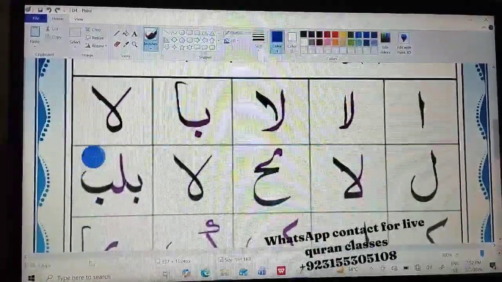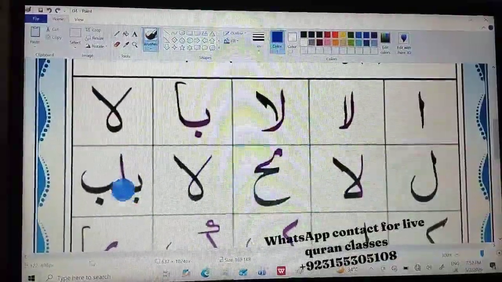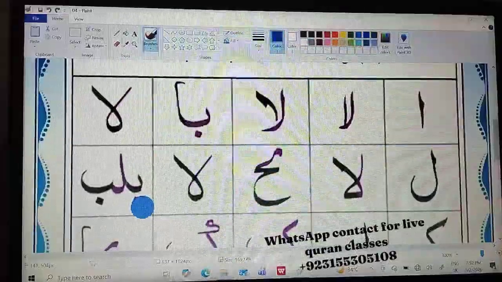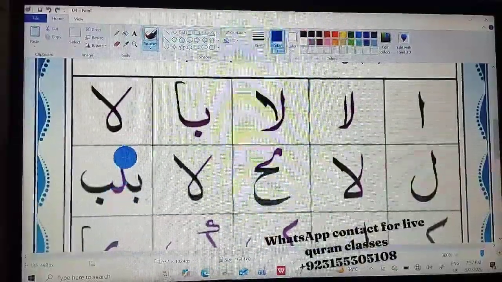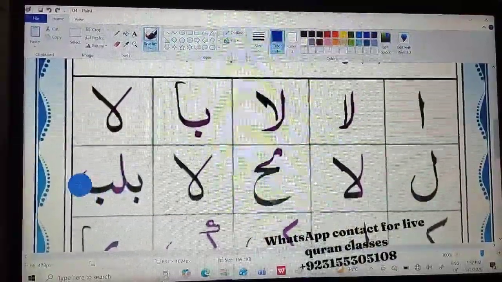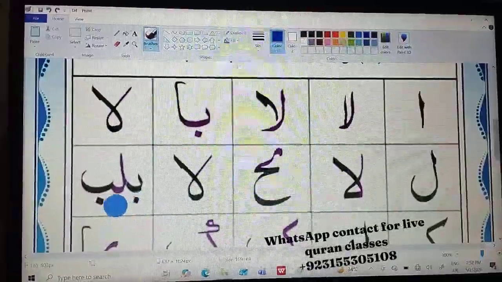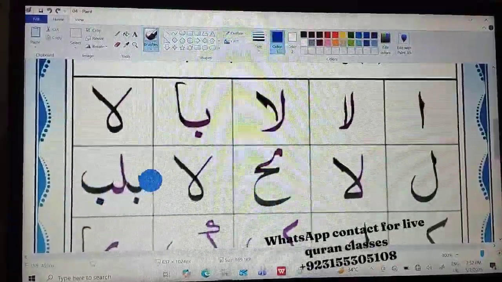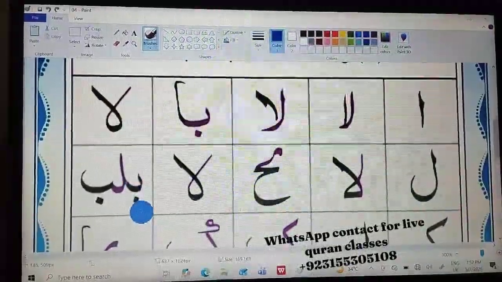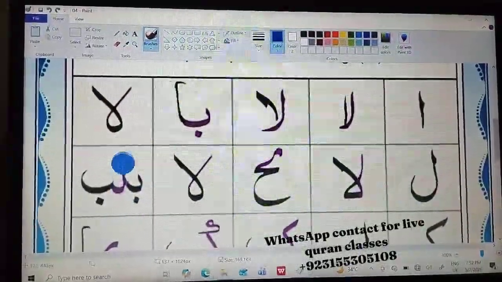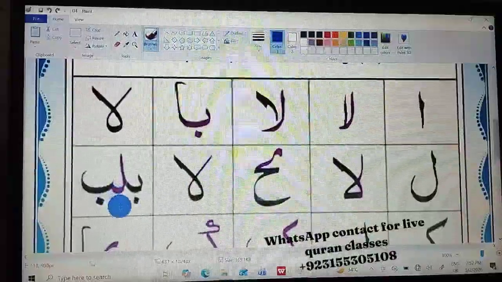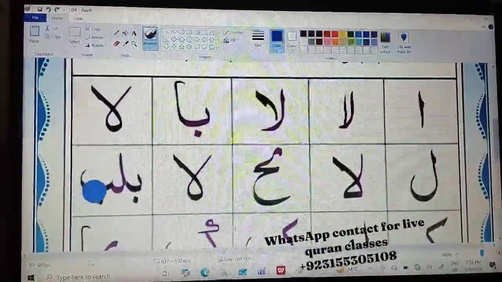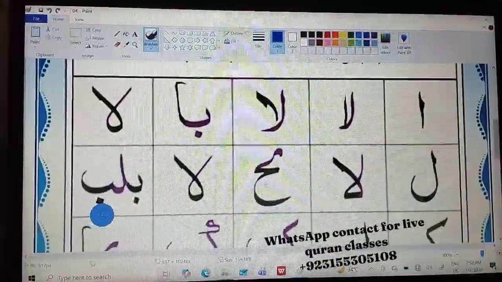The next letter is Lam Ba. Here the black one, the first one, is Ba in half shape, then Lam, the red color, is in half shape, then Ba, the last black color, is also in full shape.